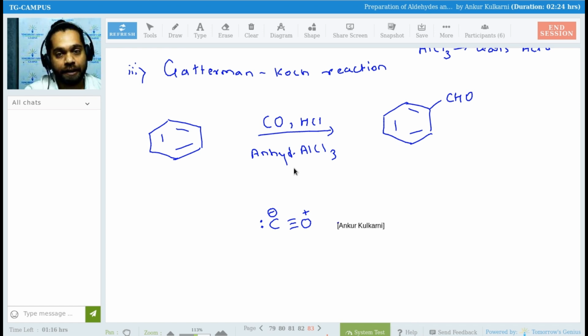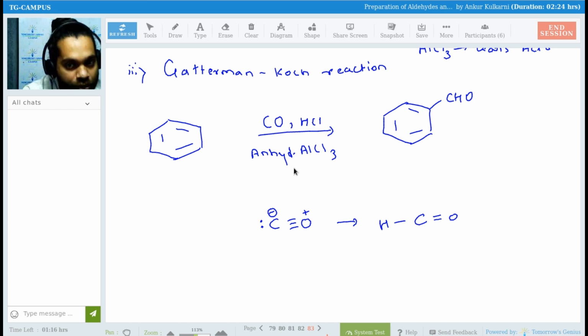If H plus gets added, it becomes C double bond O, H. Now since the negative is used, one more bond is left on the carbon, that's what we add Cl for.